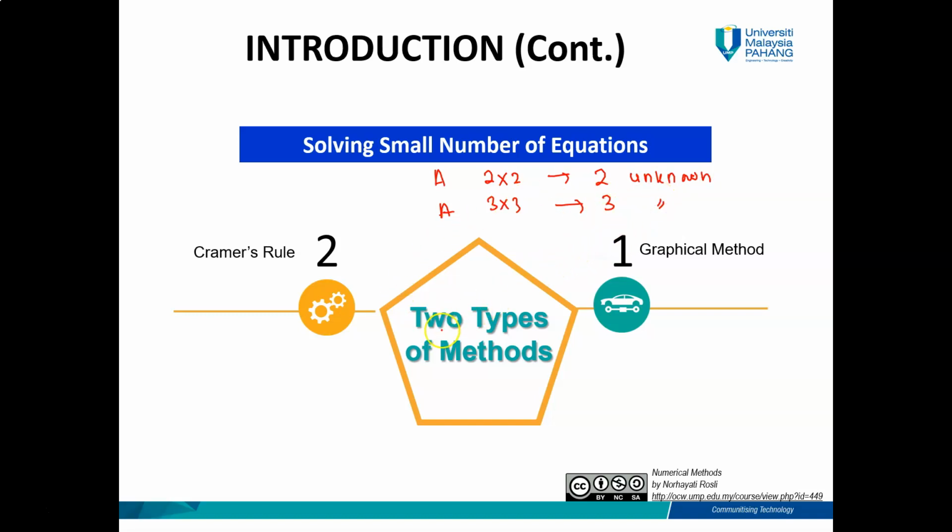We can use a simple method first. The first method, we call the graphical method, and the second one, we call Cramer's rule. In the graphical method, you need to plot a graph. So class, later we'll see how to use the graphical method to solve a small system of equations. And then further we'll see how to use Cramer's rule to solve a small number of equations.